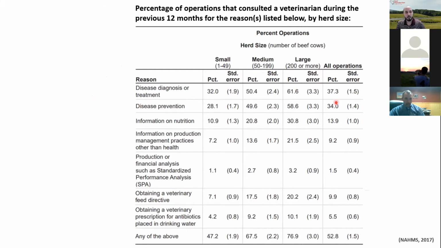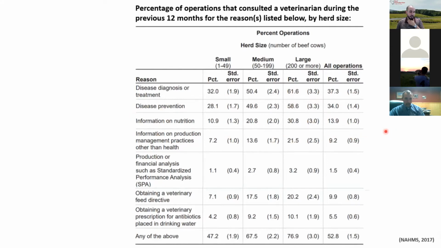So overall, 37% of the operations will consult a veterinarian for disease diagnosis or treatment, right? And the same thing, larger operations taking more advantage of the veterinarian services for that. Disease prevention, number 2 right there, also makes sense, right? Nutrition comes in at number 3, which is interesting, that a lot of people are relying on veterinarian information for nutrition, which is great.